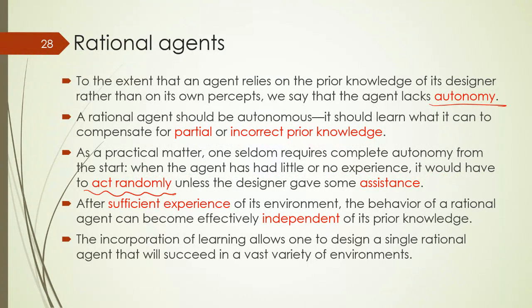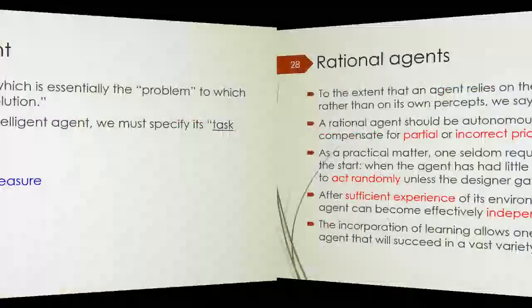So if I design a cleaning robot, and the robot doesn't find any dirt close by, it should start searching randomly as one of the solutions. After sufficient experience, it can start working independently without any help from outside. Incorporation of learning allows the design of a single rational agent that will succeed in a variety of environments.